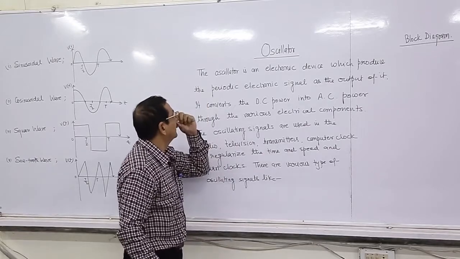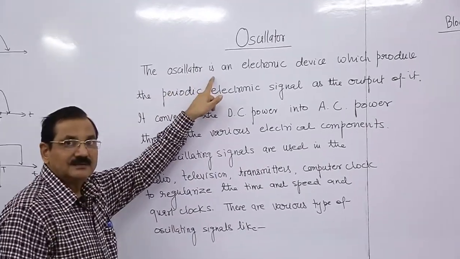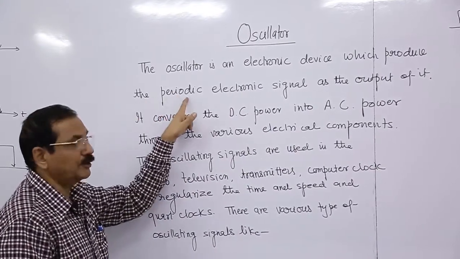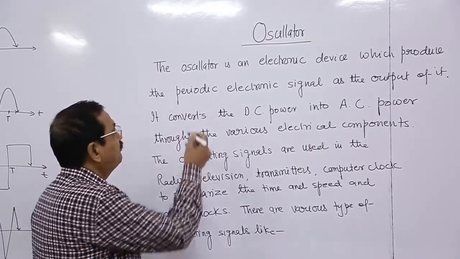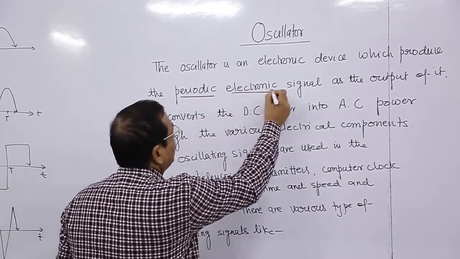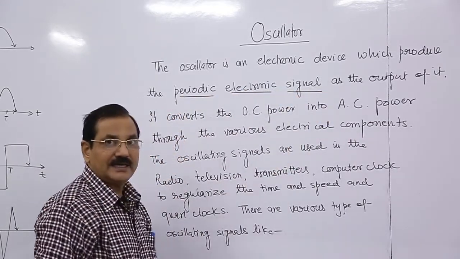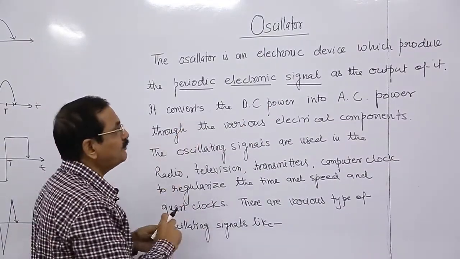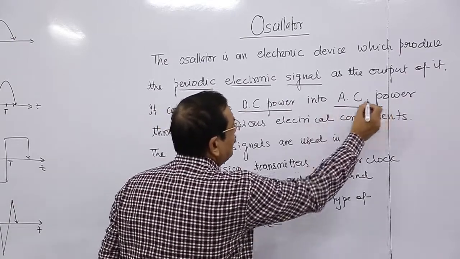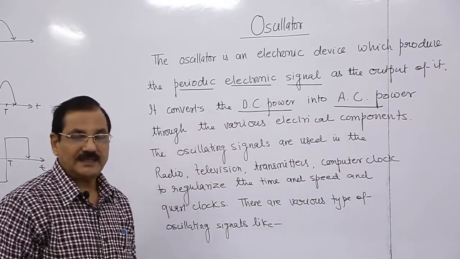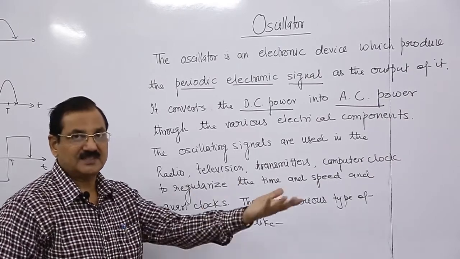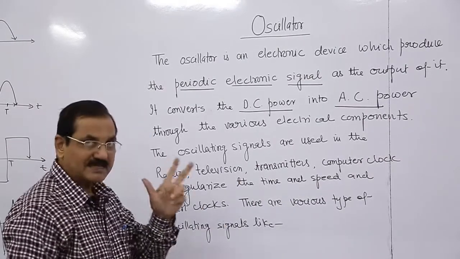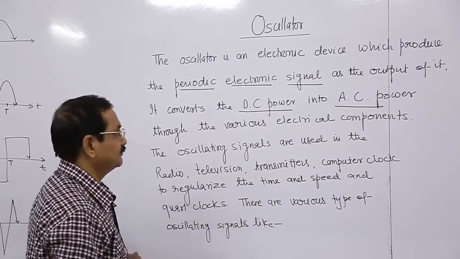The oscillator is an electronic device which produces a periodic electronic signal as the output, converting DC power to AC power. Means without any input signal, it gives the output periodic electronic signal. This is the specialty of the oscillator.